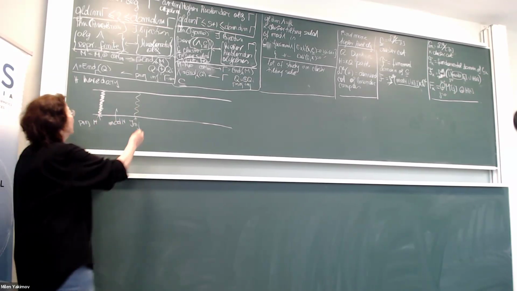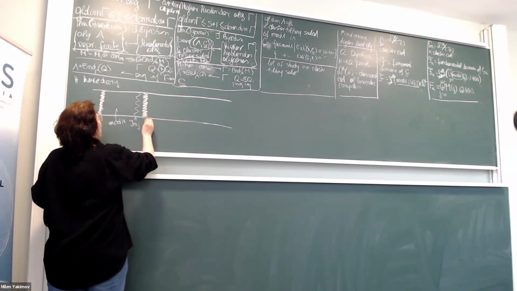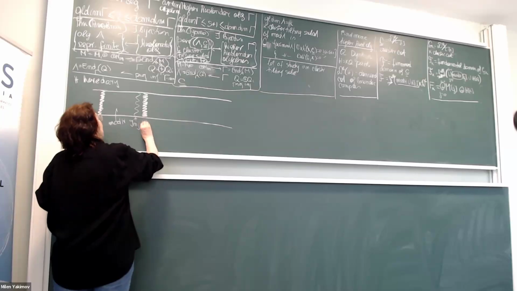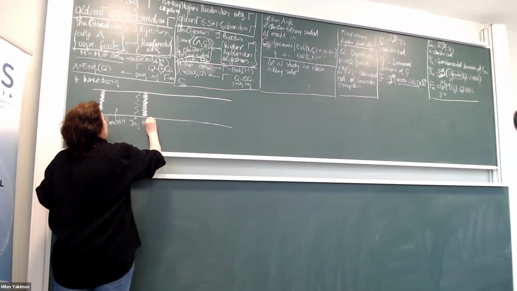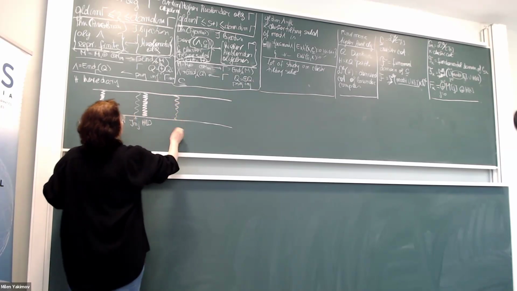And then the derived category will have here shifted projectives. So this is mod H shifted, and then it will go again up to shifted injectives.